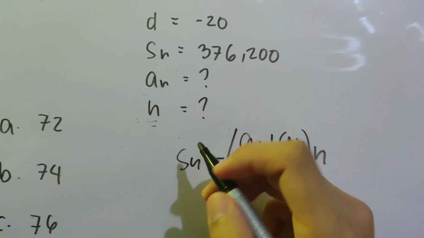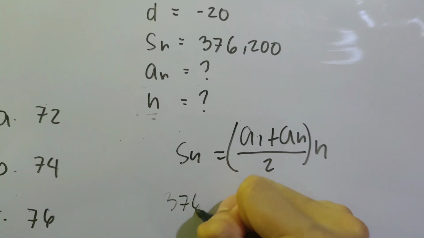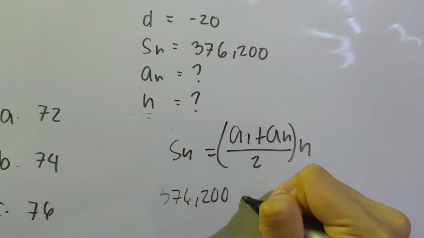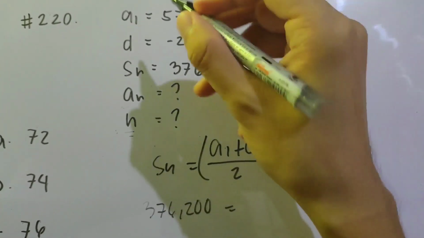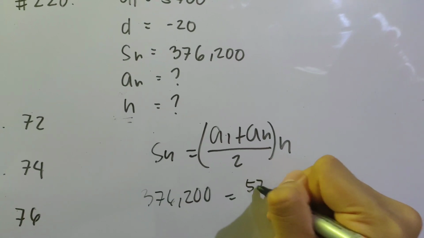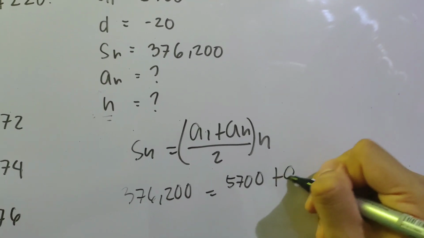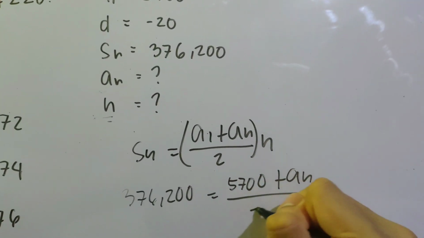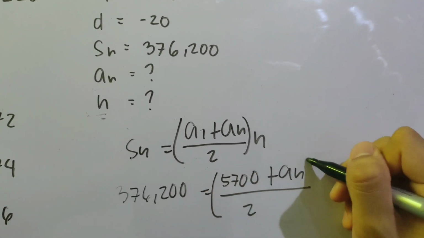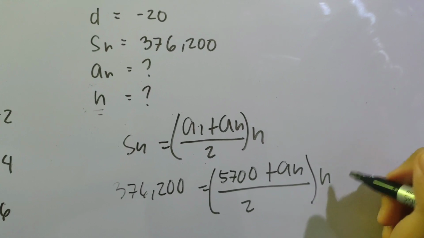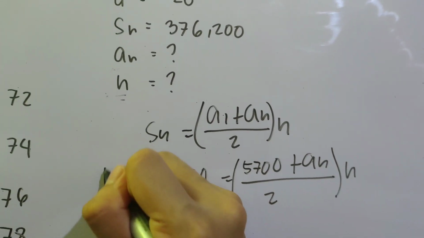Yung SN natin ay equal to 376,200. Yung A1 natin ay 5,700 plus yung AN natin hindi pa natin alam, divided by 2 times N, which is also unknown. So ito yung first equation natin.